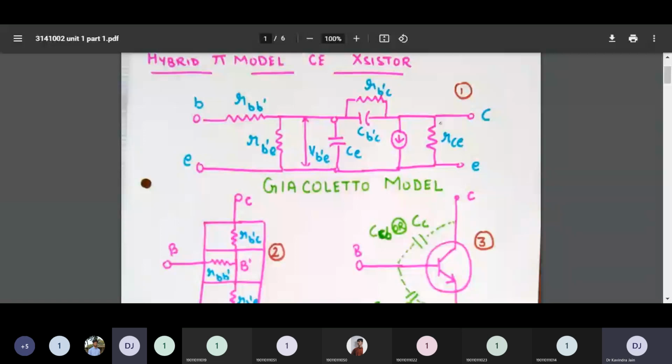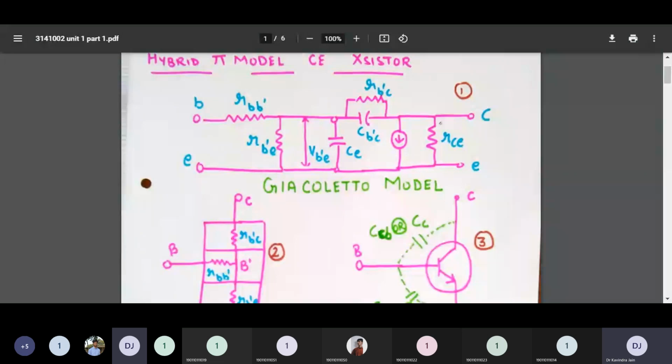At higher frequencies, these models do not work properly because of the parametric variation. These parametric variations are being generated because of the internal capacitances available.